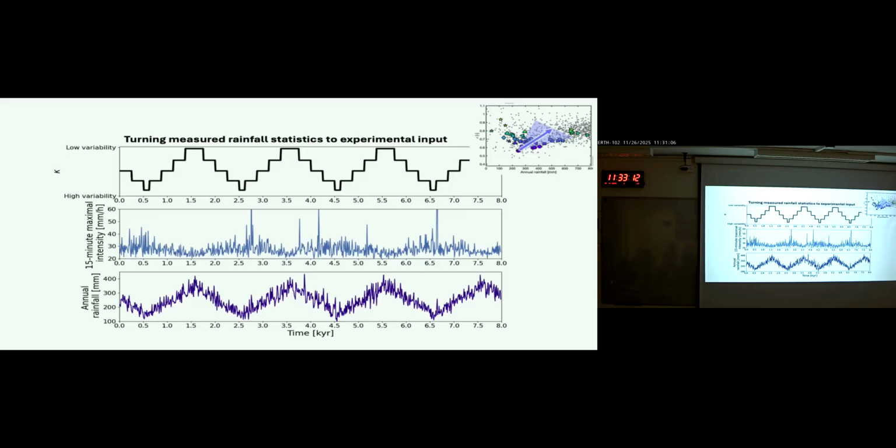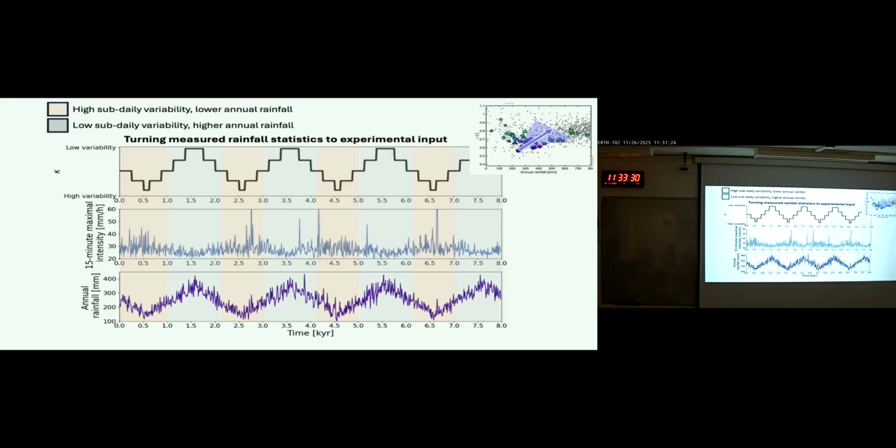Using the parameter space, I can generate a long-term time series using my hydroclimate generator and then produce 18,000 years of rainfall record at the sub-daily scale that follows the trajectory that I just showed you. And what's interesting about this trajectory is that there is a contradicting trend.